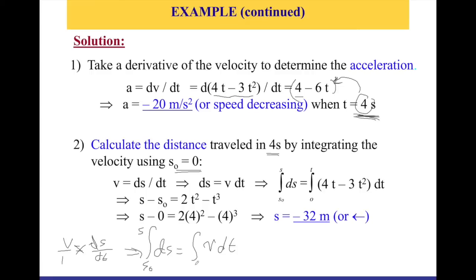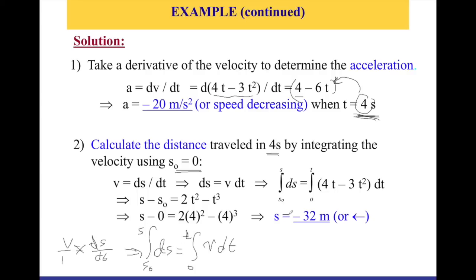The velocity is a function of time, right? So we are integrating position, so you start from the initial position to the final position. This is integration over time, so you start from time 0 to time t. This is very important to understand, your integration limits, and it will make things much easier for you when you do the analysis.